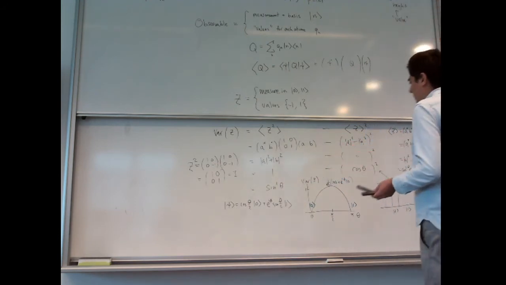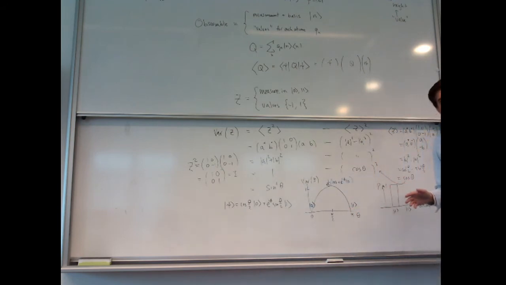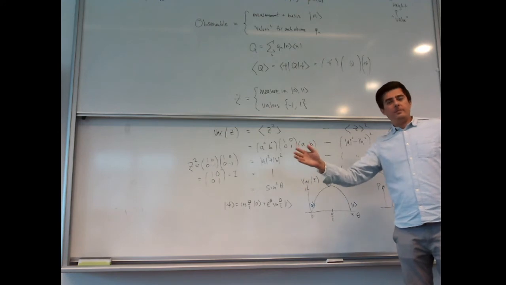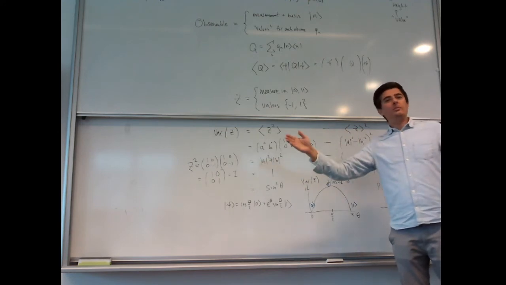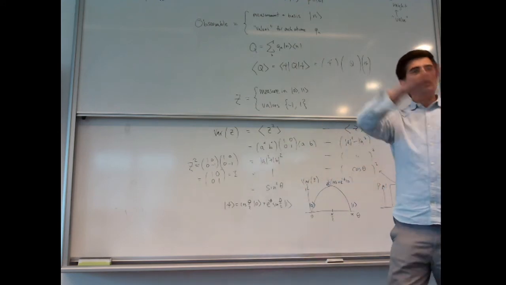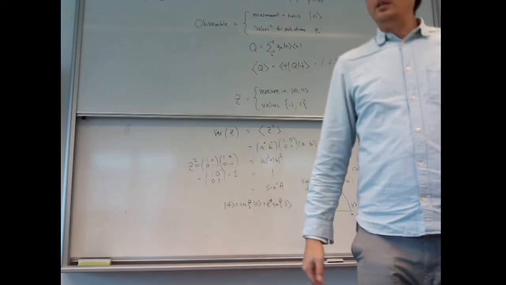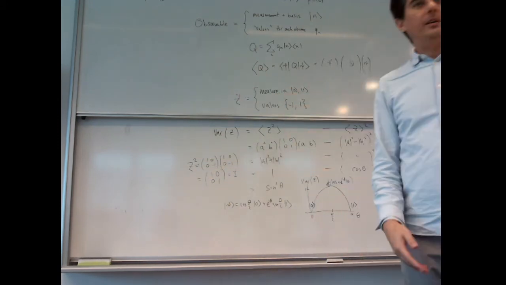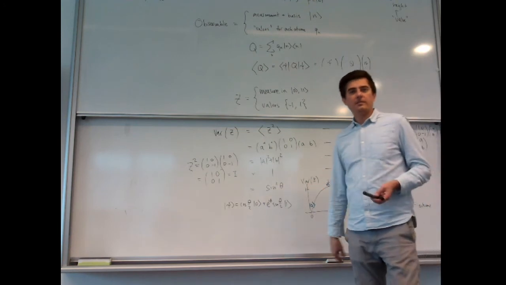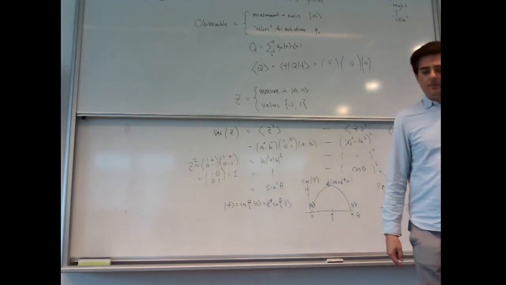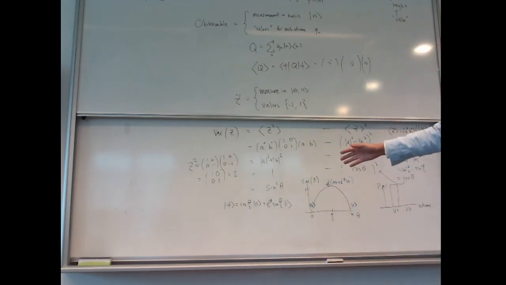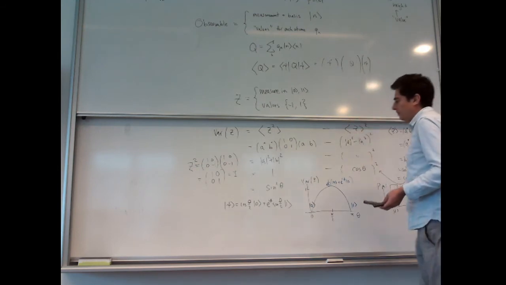For a 10-level system, a 10-outcome probability distribution, you need 9 variables to characterize it. This only gives you 2, so definitely it would not be characterized.